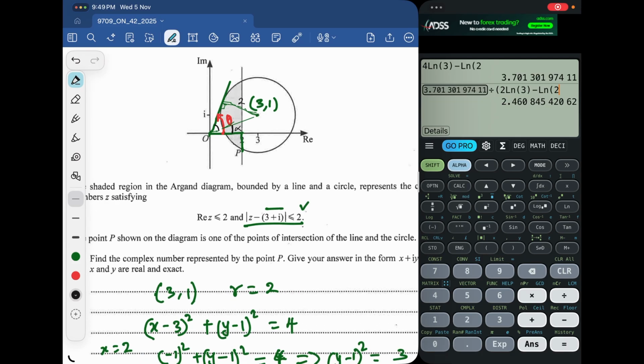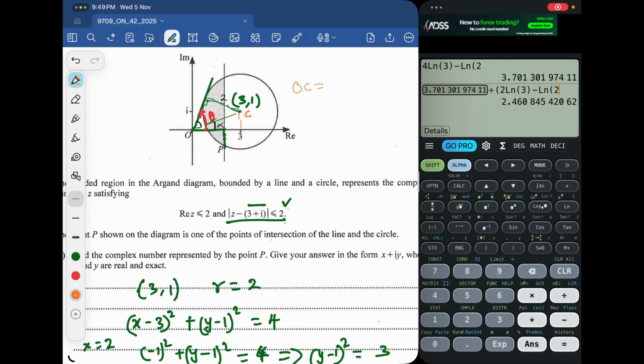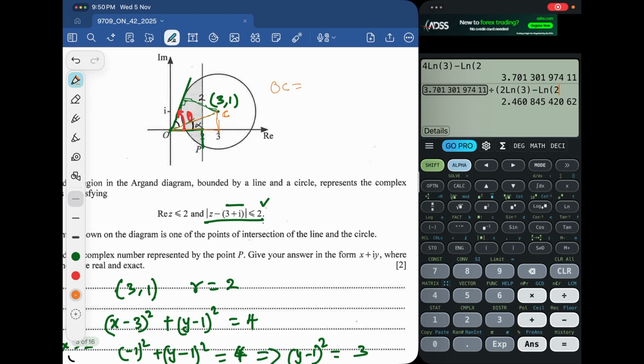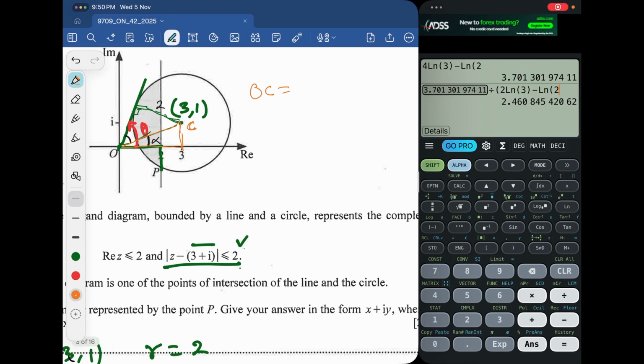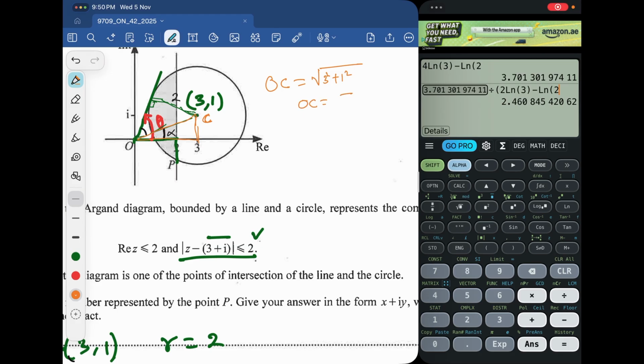So O to the center, let me call this center C. So OC, so you can see this, look at the orange line, that's Pythagoras' theorem. So OC will be square root of 3 squared plus 1 squared. So OC is square root of 10.